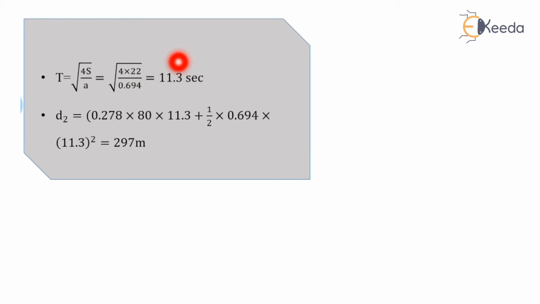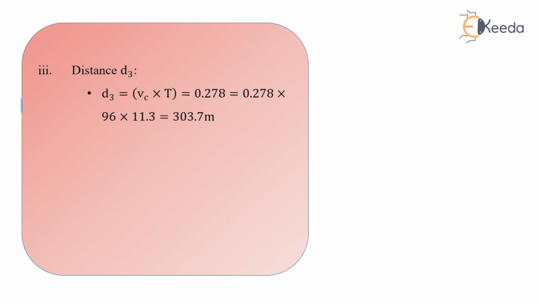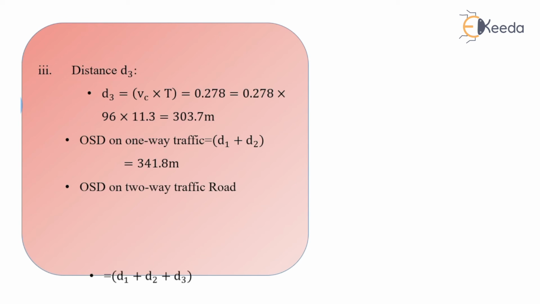This is the time required when vehicle from position A1 will reach position A2, and D2 is nothing but VB into T, this is capital T. So adding D1, D2, D3, this is capital D3 is equal to VC, VC is the vehicle from the front direction, VC into T. If there is one way, then D1 plus D2, and if there is two way, D1 plus D2 plus D3.